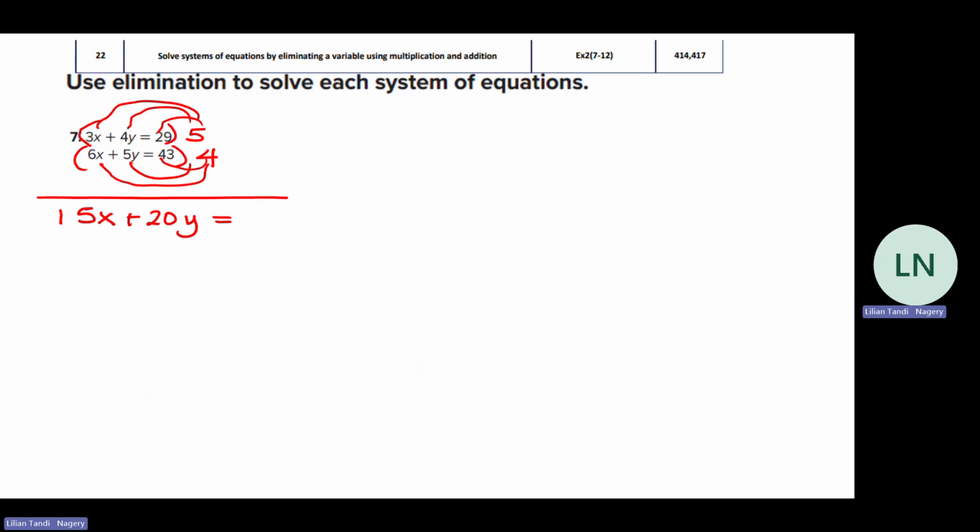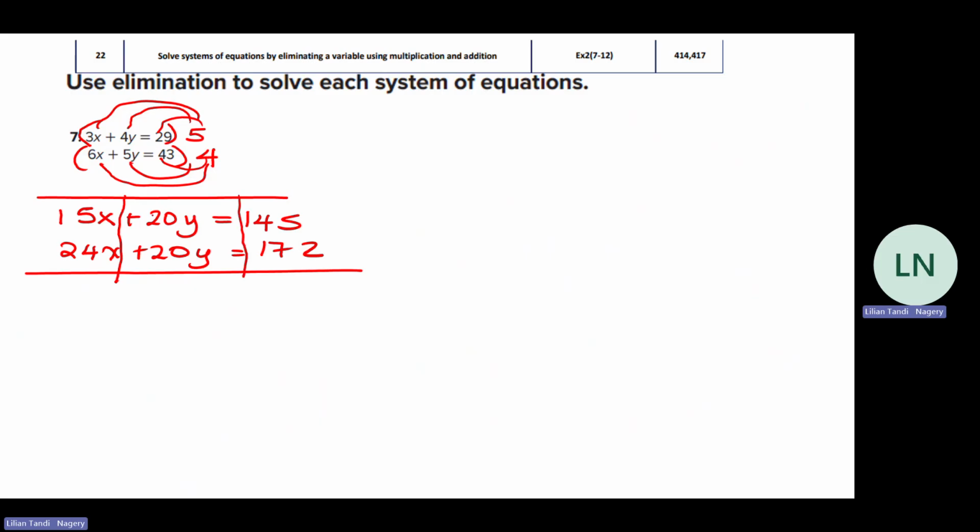Okay, let's see. 145. Okay, this is 24x, this is 20y, and this is 172. 43 times 4, 172. I agree. Now I can eliminate because my y's are the same number, same letter.